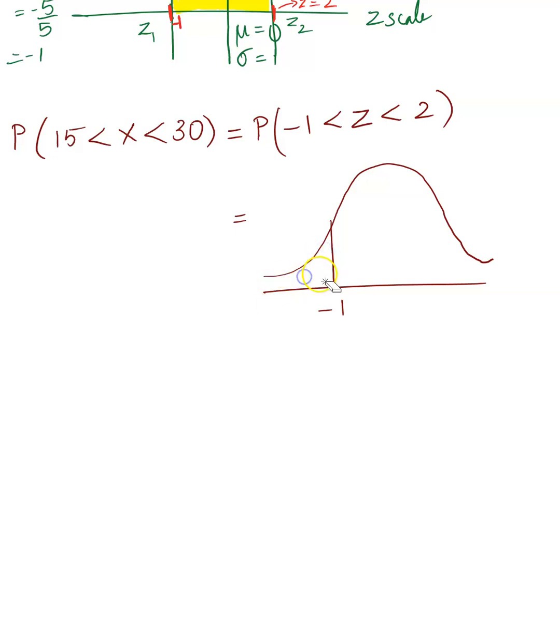Let me use a different color because we already used that. This is the area I will get, right? Cumulative from the left. So the body of the table will give me the blue shaded region. And if I use the table to find the value for z = +2, I will have this region all the way from below -1 up to here.